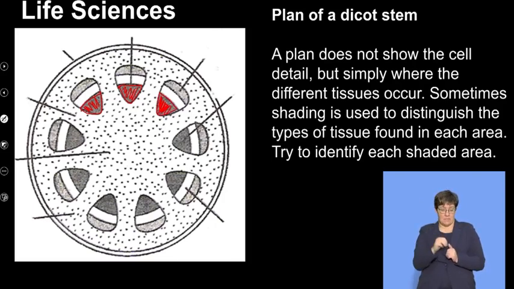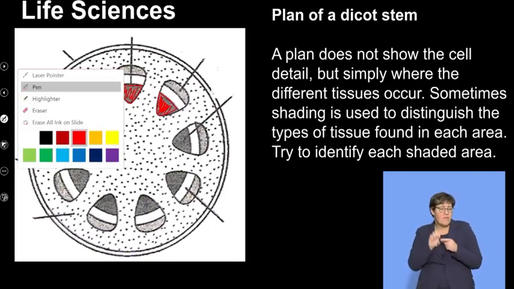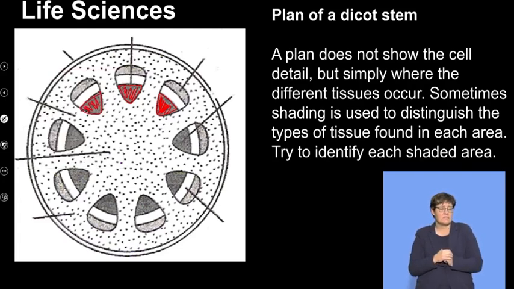What else do we find in our vascular bundles? We find phloem, and that's where the phloem is found. So that would be an area of phloem.